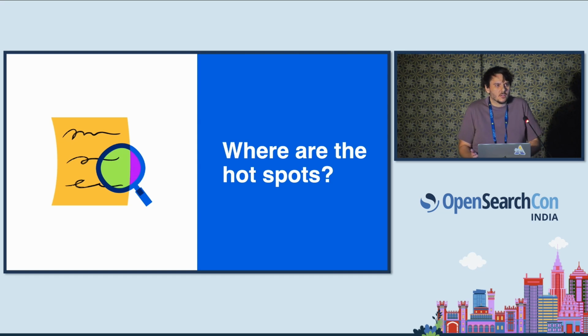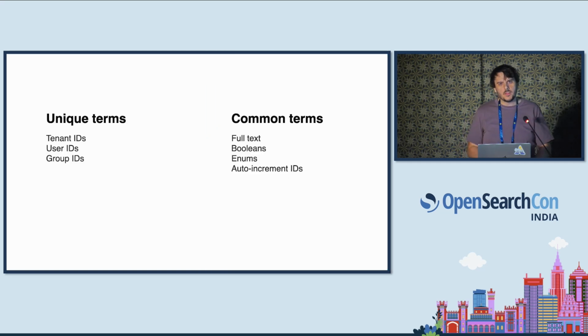Given that we're not searching across tenants, why were we experiencing this overhead? Well, there's two sets of fields that we were using in our document schema, and I'll categorize them into unique and common terms for a tenant. There were a lot of common terms, things like full text search, that are going to be shared across tenant boundaries.